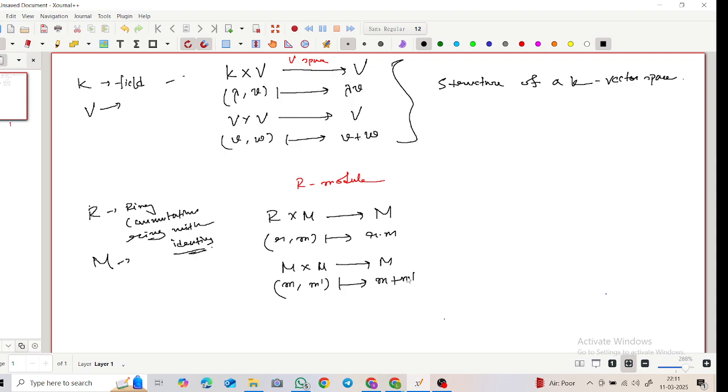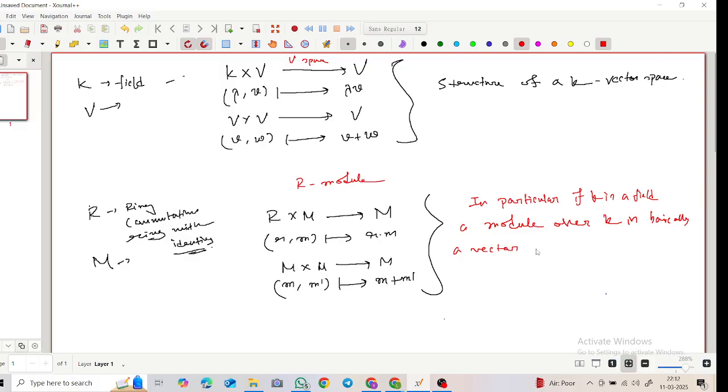The only difference is that you are replacing K by R. So in particular, if K is a field, a module over K is basically a vector space over K.